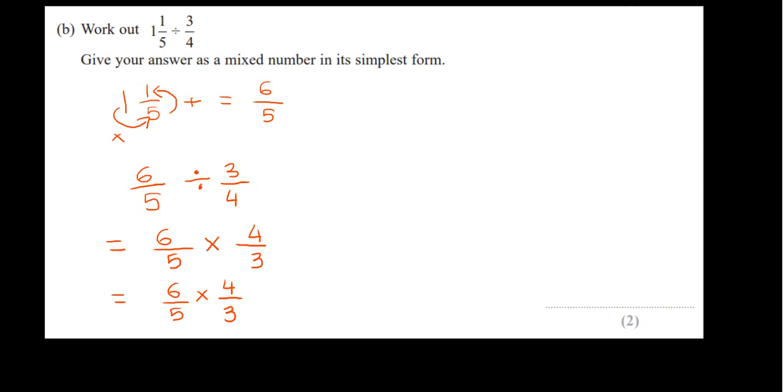They're on different levels and come in the same times table, the 3 times table, so I can simplify them. 6 and 3, I'm sorry about that. 6 and 3 come in the 3 times table, and I can divide them by 3. 6 and 4 over here are on the same level. Both of them come in the 2 times table, but I cannot simplify them because both of them are on the same level. So in order to simplify, you need to be on different levels and then come in the same times table.